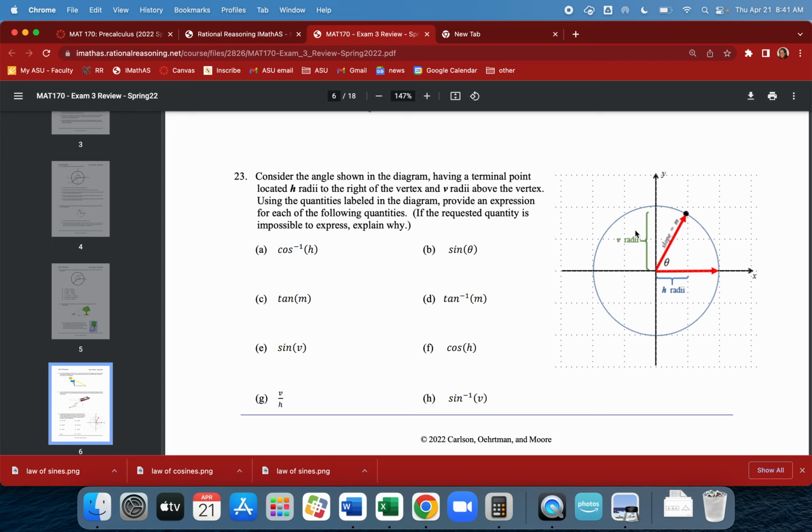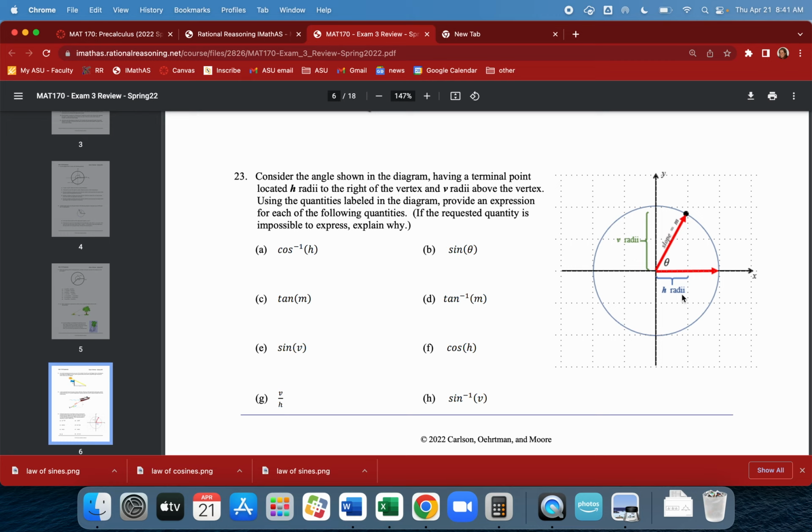It's just that we're measuring this in radius lengths instead of units, like inches, or like x is 1, 2, 3, 4, because it doesn't tell us what the radius is. But if you want to make a radius length, let's say the radius is 7, then that horizontal is 7 times h, and h is something less than 1.